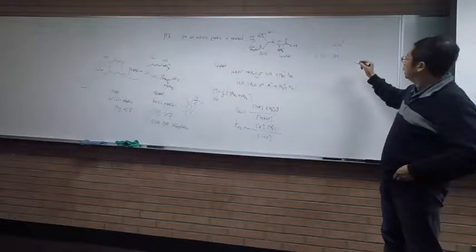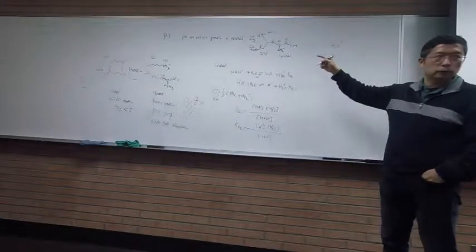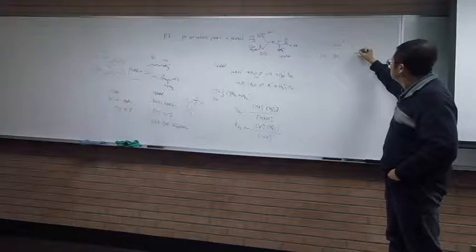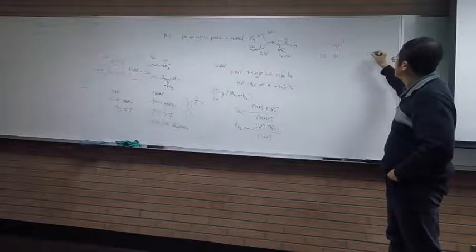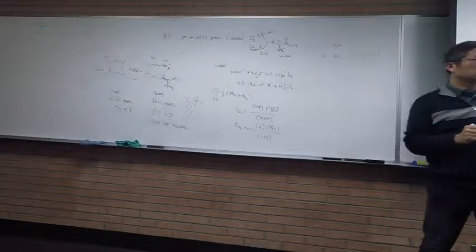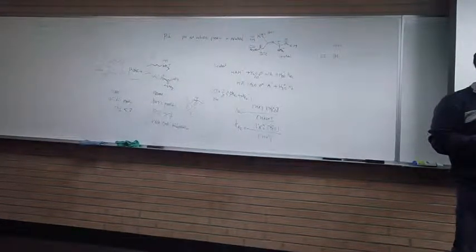That means if it's an isoelectric point, all the negative species and the positive species, their concentrations should be equal. Isn't that right? That makes good sense.